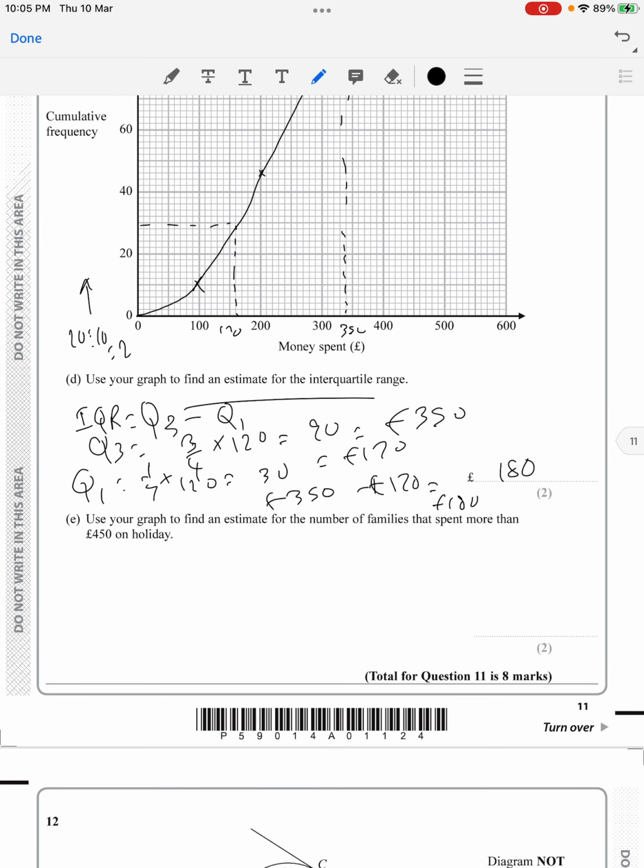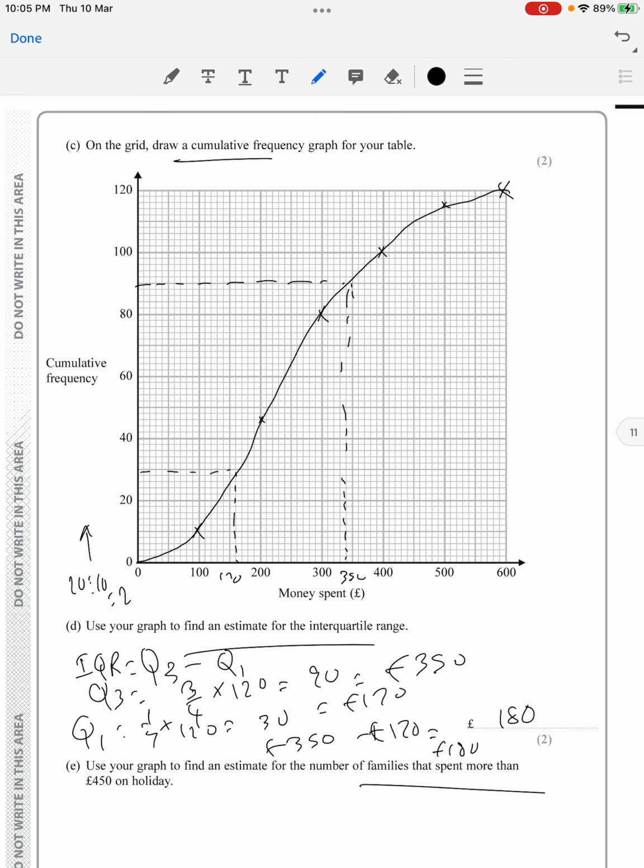Use a graph to find an estimate for the number of families that spend more than euros 450 on a holiday. You go to 450, you go up the graph, and you would be getting approximately 108, technically, but you get the idea of 108 being an assumption.